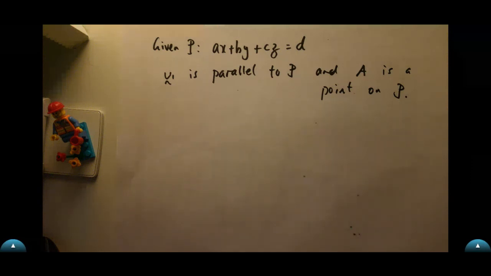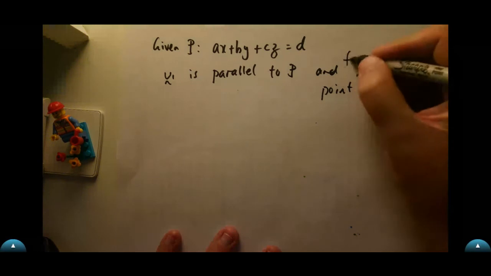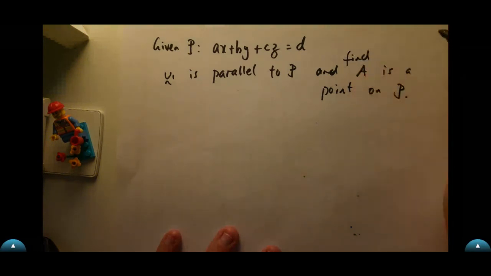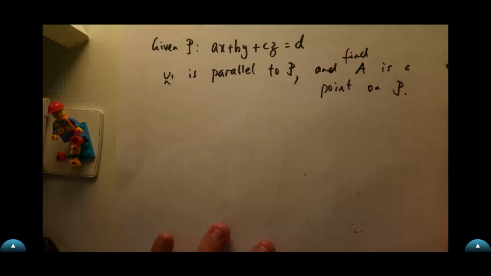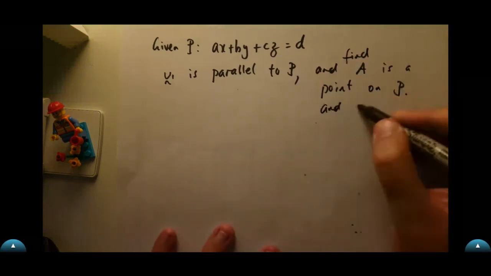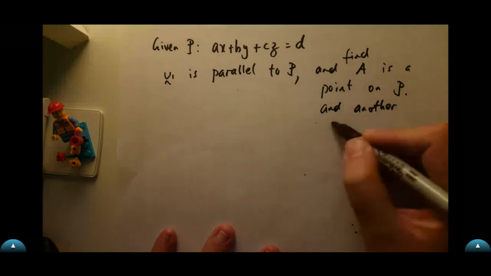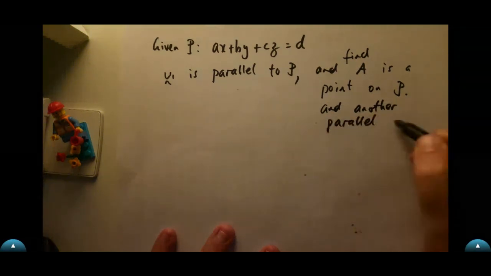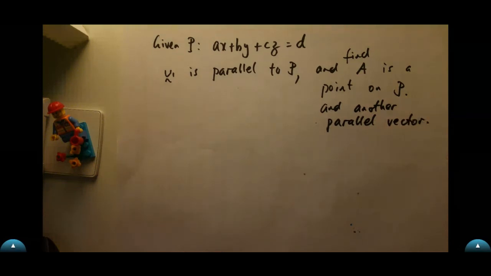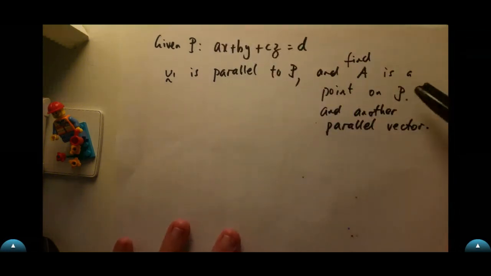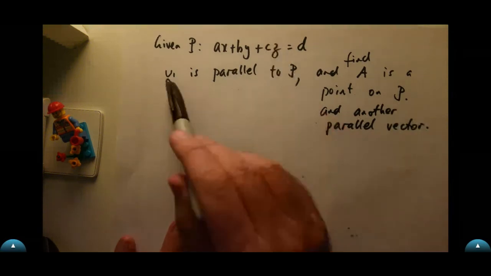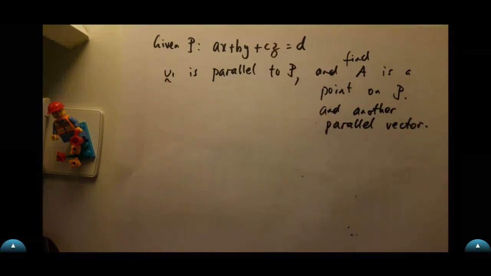Is that right? Yep, you can just sub in some values. So you want to find a point on this and another vector that's parallel, that's not this one. Is that right, William?